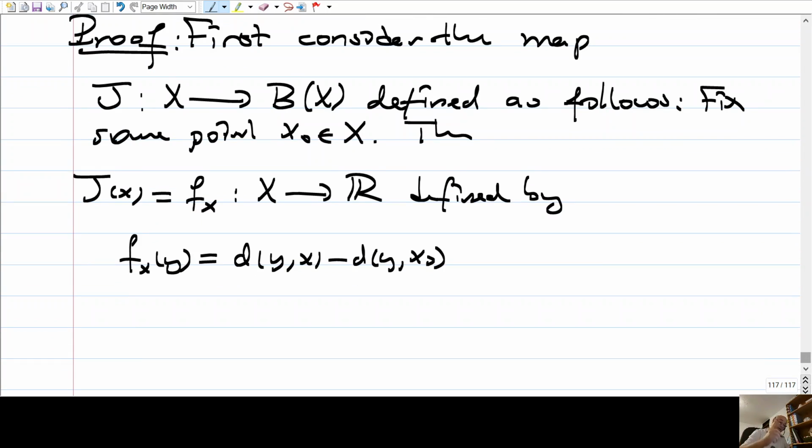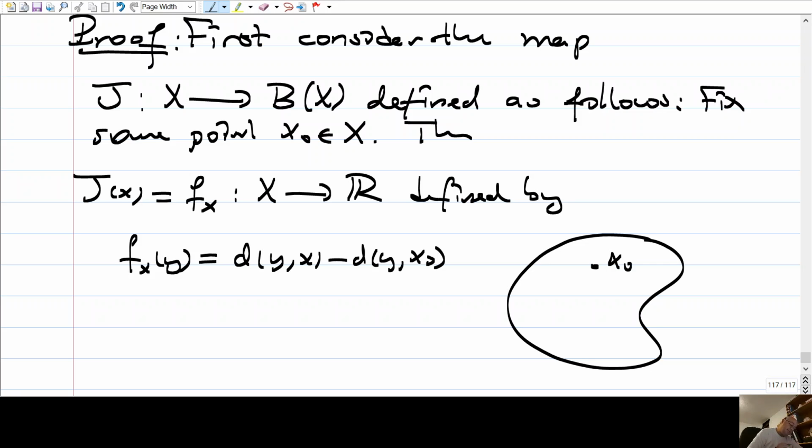This function does the following. You give me a point. Okay, first we fix this x0. We will never change this. And then whenever you give me a point x, I consider this function f of x. This function will depend on x only, and it is defined as follows.